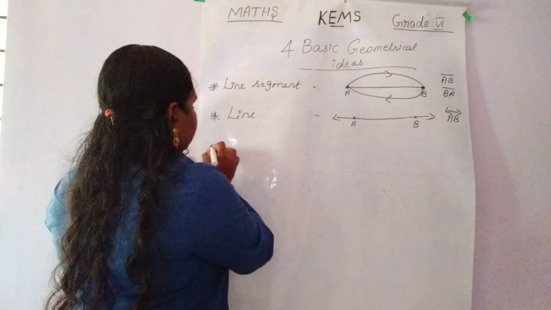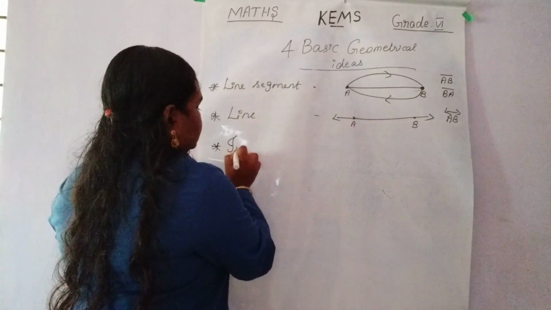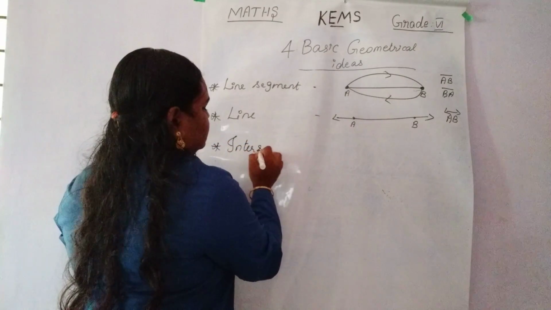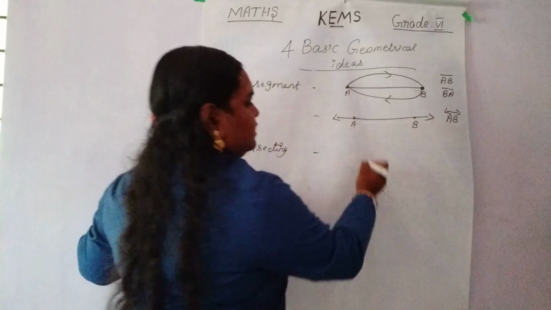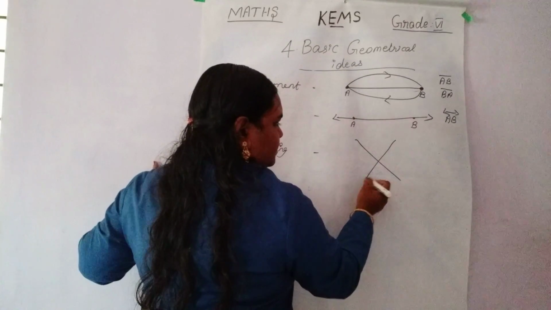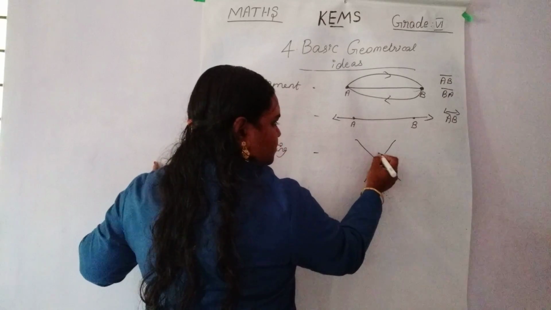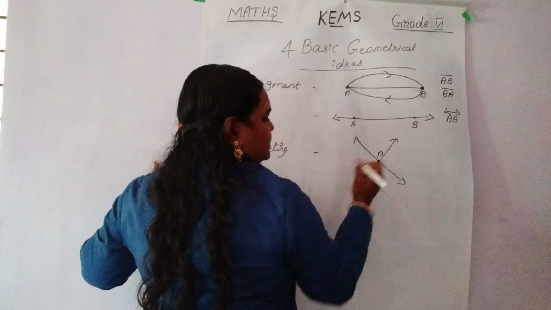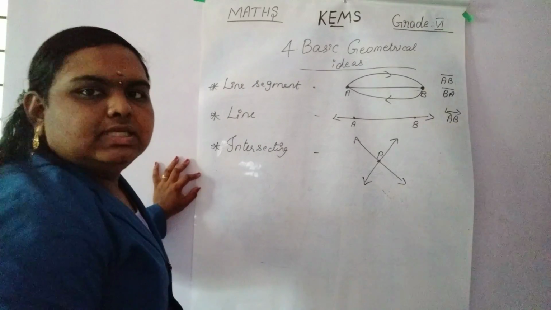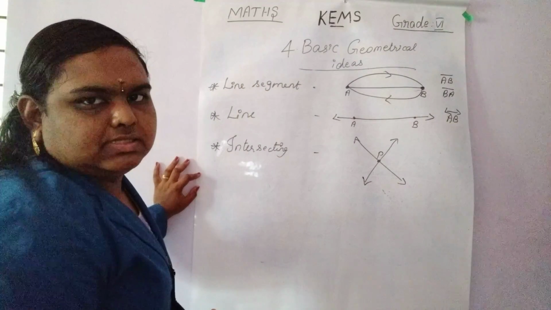Then the next one is intersecting lines. What are intersecting lines? If you are taking two lines, and they meet at one point, that is known as intersecting lines.